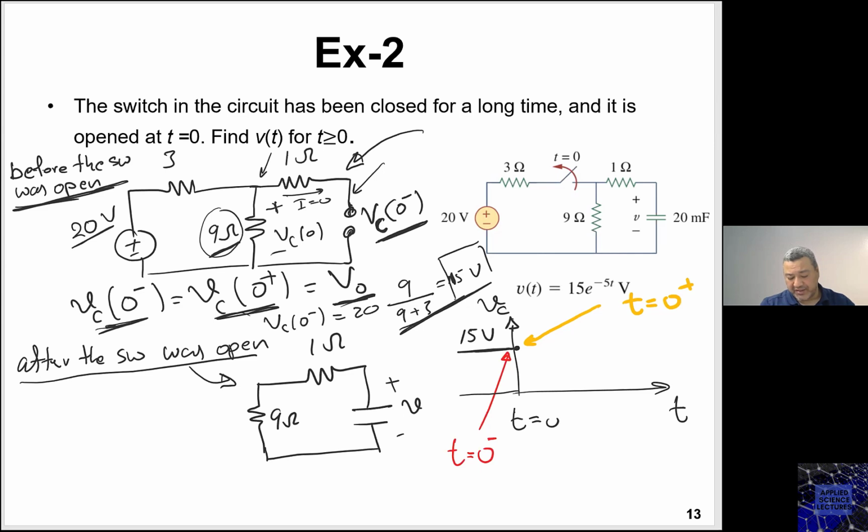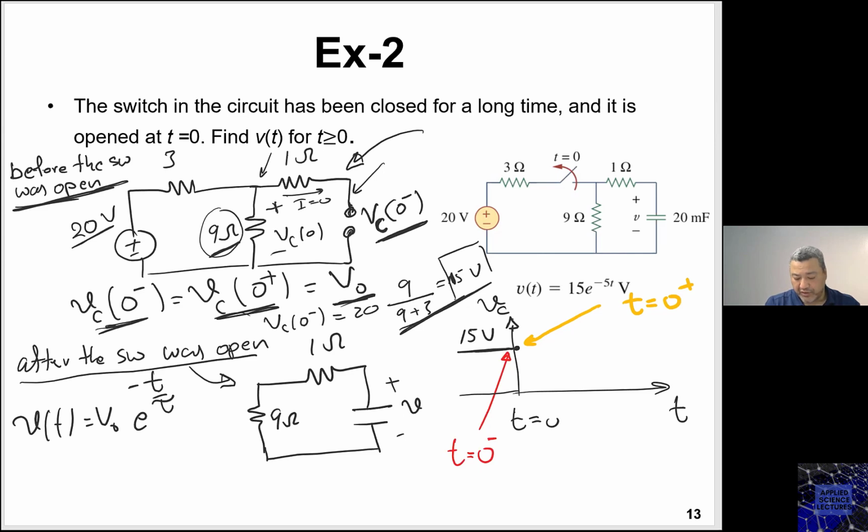So now here in the next circuit, you have a capacitor that has an initial of 15 volts. Right away now you can say Vt equals V naught e to the power minus t over tau.